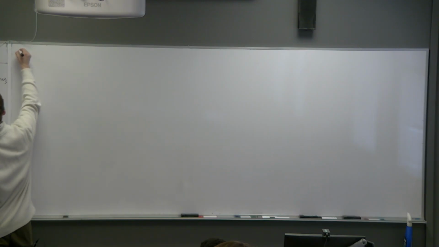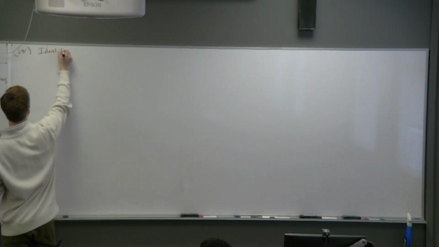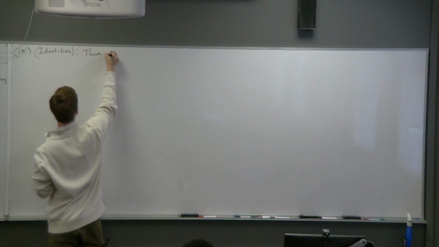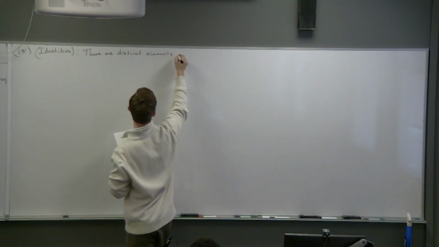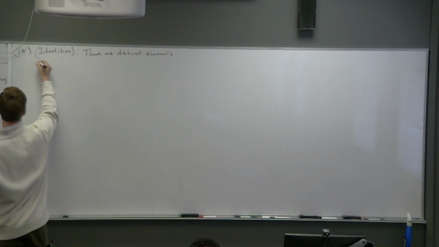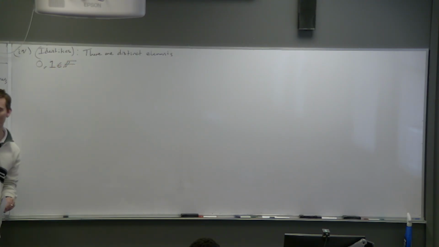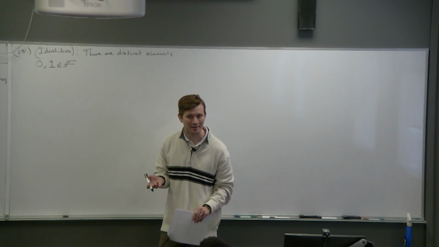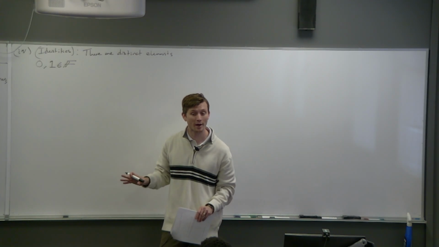There's a few more, for the existence of identities. So what this says, there are distinct elements 0 and 1 in the field, we're just writing these things as 0 and 1. In the case of the real numbers, they are indeed the numbers 0 and 1, the integers 0 and 1, yeah? But in a generic field, they're just two things that we'll write now as 0 and 1.